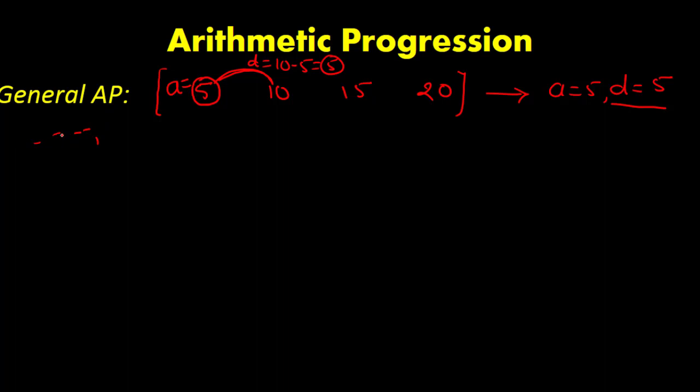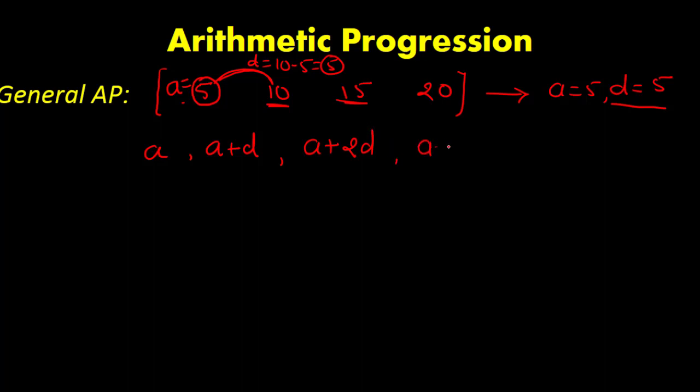Let me erase this. So first term is A. So how do I get the second term with the help of A and D? It is A plus D. Does this A plus D give me 10? 5 plus 5 is 10. Very good. With the help of A and D, I want to get the third term. So if I do A plus 2D, A is 5, 5 plus 10 is 15. Very good.